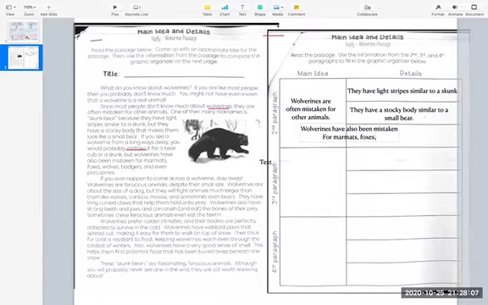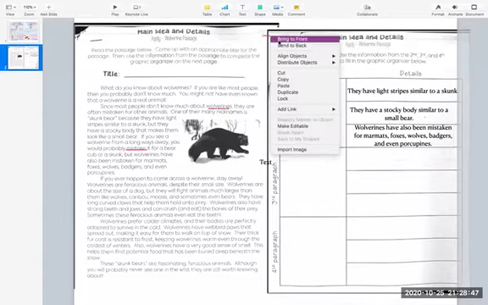Foxes, wolves, eek, badgers, and even porcupines. That is a fun word to say. That is the last detail that I'm going to use to support my main idea that Wolverines are often mistaken for other animals. Oh, we did a great job on that.